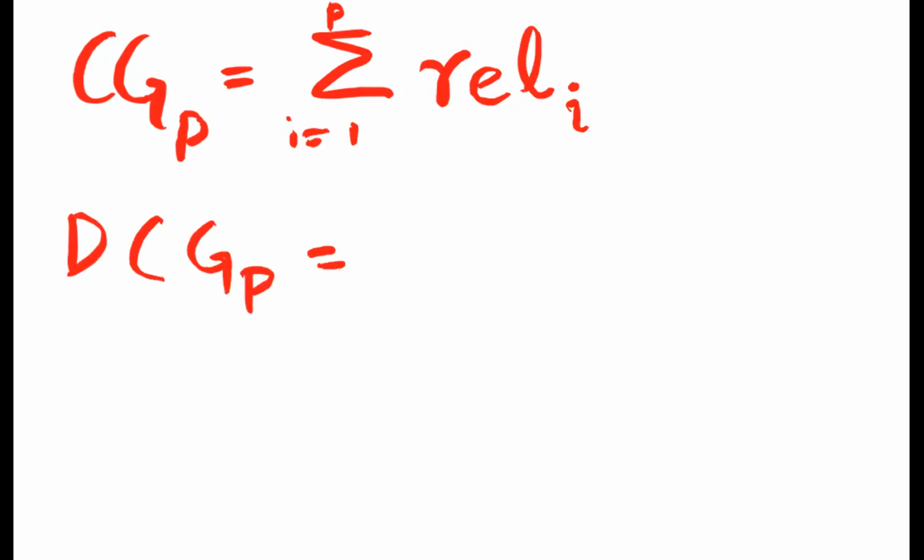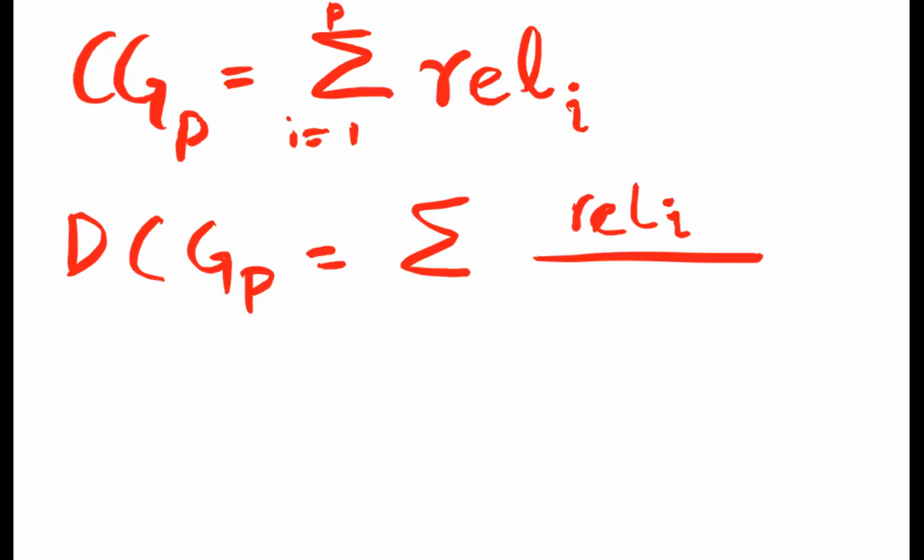You could do discounting in many ways. One is this logarithmic way, which I really like and which is also prevalent. So we divide by the log of the position, where i is the position.